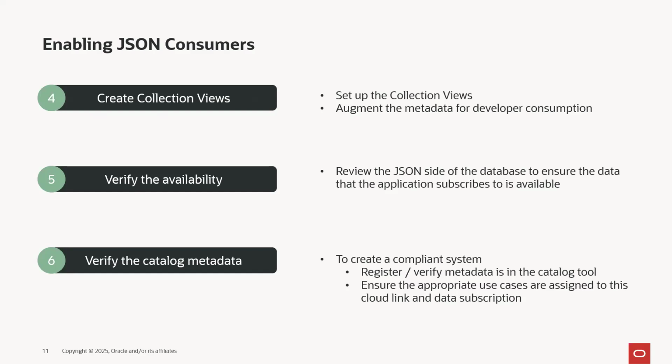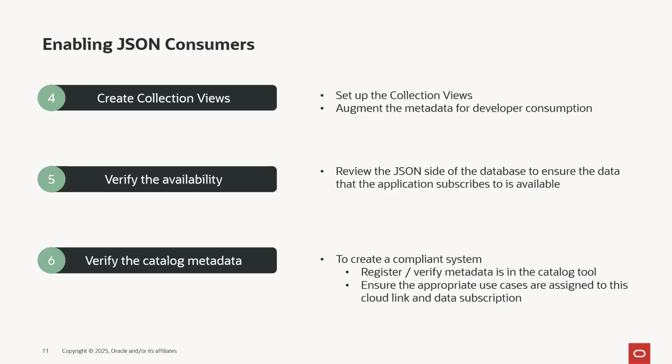And then the rest is kind of like the verifying bits, right? Not going to go into too much detail here. But obviously, once you put the collection view in place, you check on the other side to make sure that in your APIs and in your document tooling, you can see the right things. And then hopefully you've thought about the catalog and have that all done, right? Because that's kind of the governance piece, which we won't go into today.